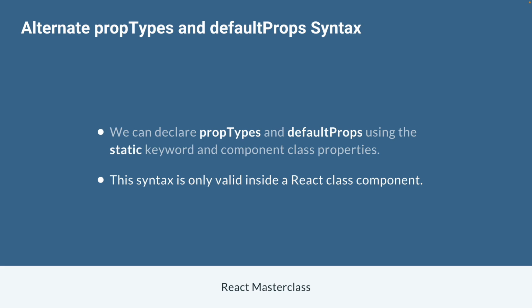And that static will declare it as a component class property. So you write static propTypes, then that object of prop type declarations, and similarly static defaultProps, and then that object with the prop names as well as the default values to fall back on if the parent component does not provide those props.